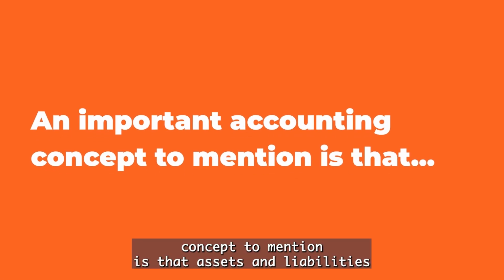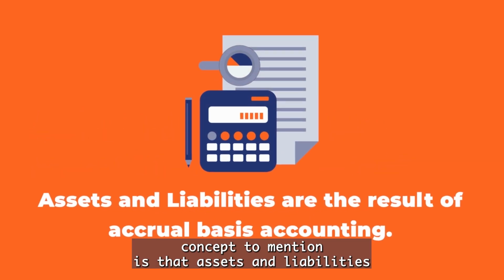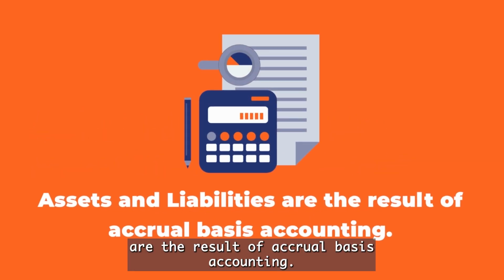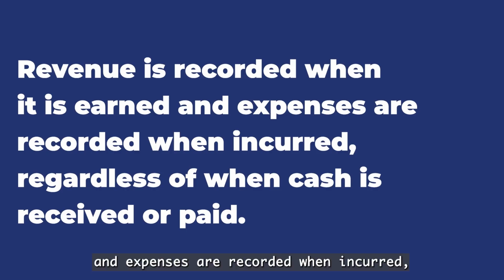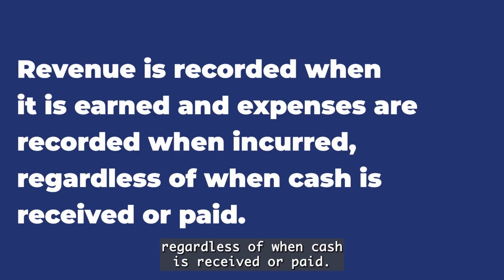An important accounting concept to mention is that assets and liabilities are the result of accrual basis accounting. Using an accrual basis of accounting, revenue is recorded when it is earned, and expenses are recorded when incurred, regardless of when cash is received or paid.